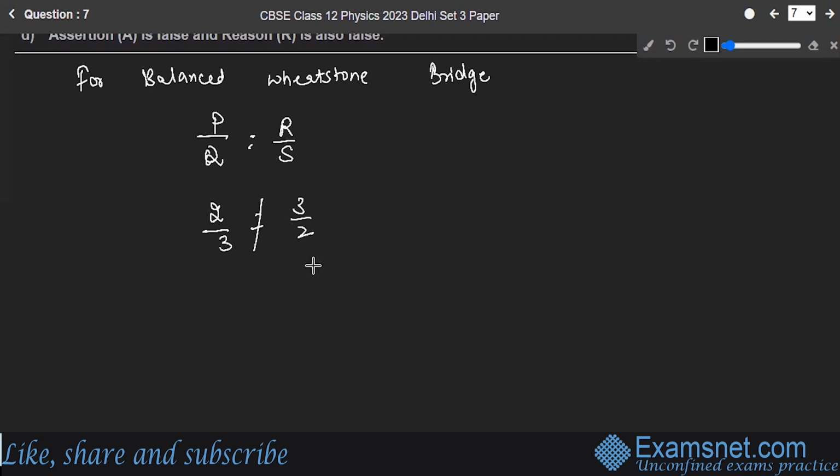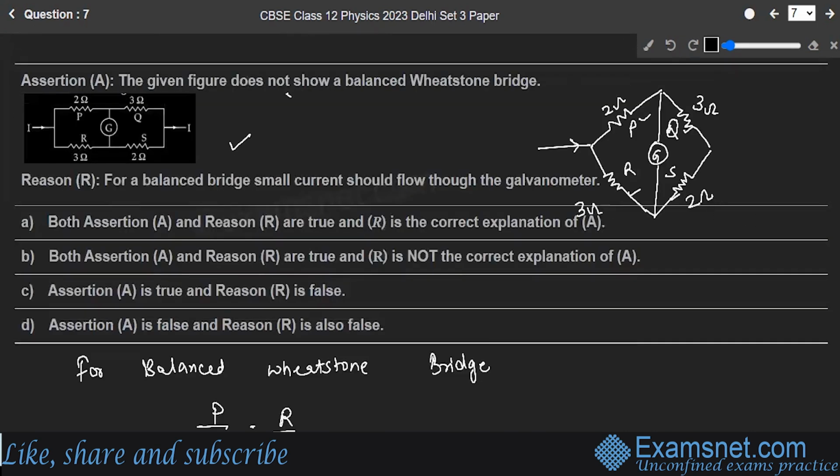Actually, they are not equal. So that's not a Wheatstone bridge. That means the assertion was correct. That means this doesn't show a balanced Wheatstone bridge. Now the reason says for a balanced Wheatstone bridge, the small current should flow through the galvanometer. See, in the case of a balanced Wheatstone bridge, the current through the galvanometer must be equal to 0.